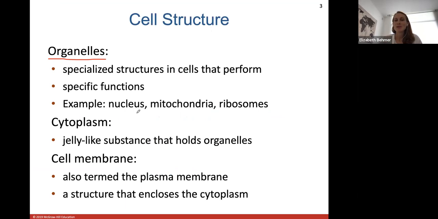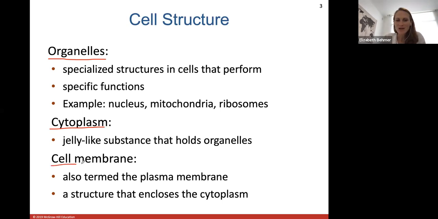In lab, you probably practiced labeling the nucleus, the mitochondria, the ribosomes, and then today you'll learn what all of those organelles do. Cytoplasm is the jelly or jello-like substance that holds all the organelles together within the cell. It's just kind of the fluid that holds everything in.